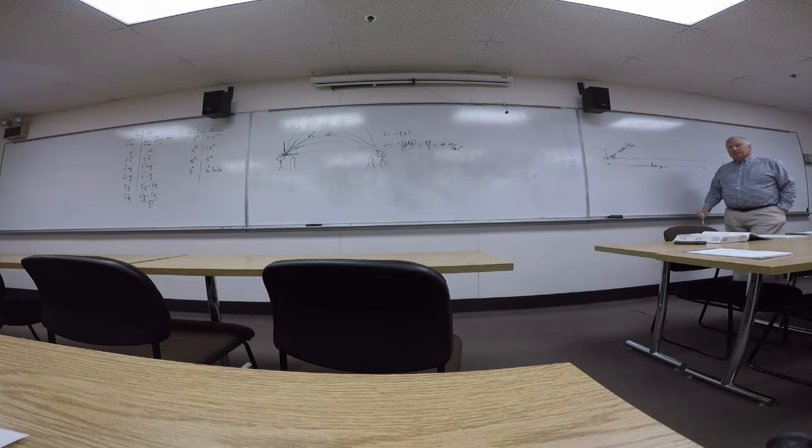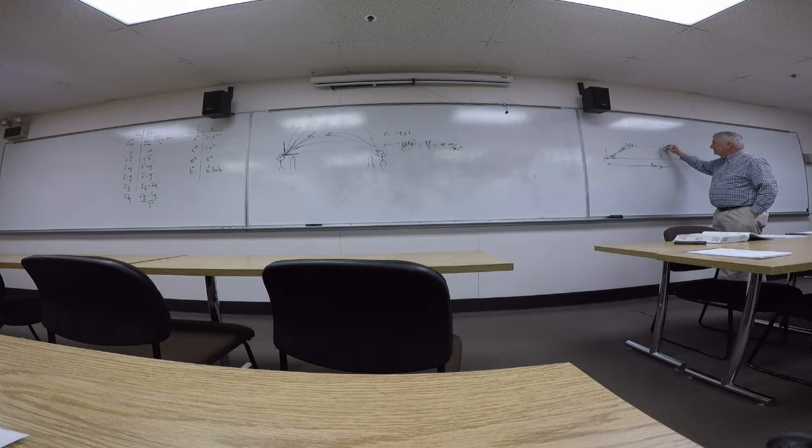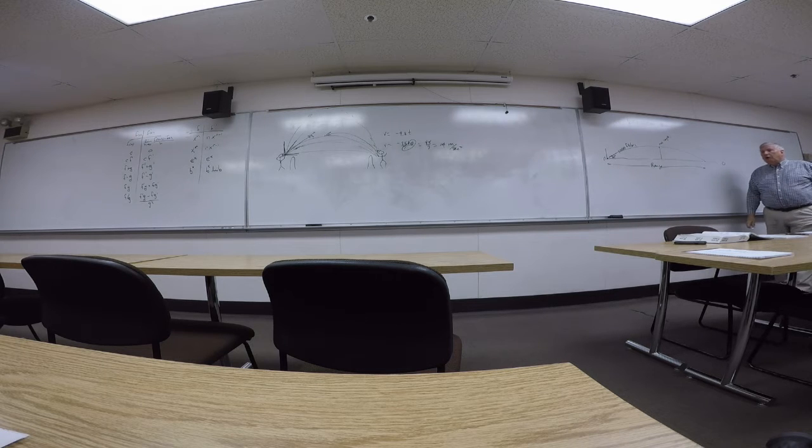The other thing that's sometimes important is max height. Let's solve both of those, given that this is a flat earth problem, no air resistance, no Coriolis, no aerodynamic lift on the projectile.